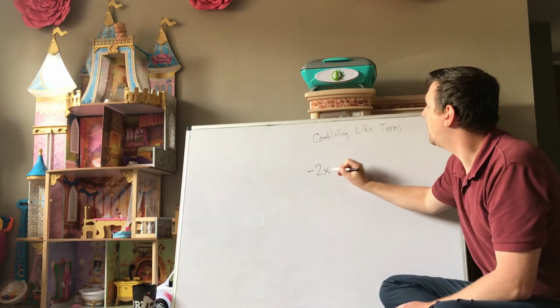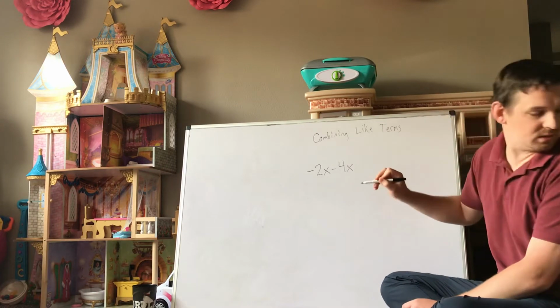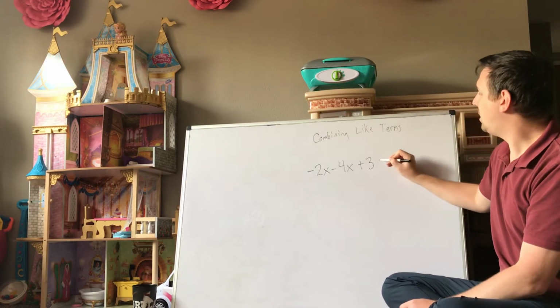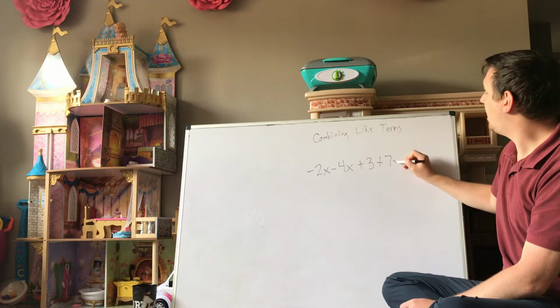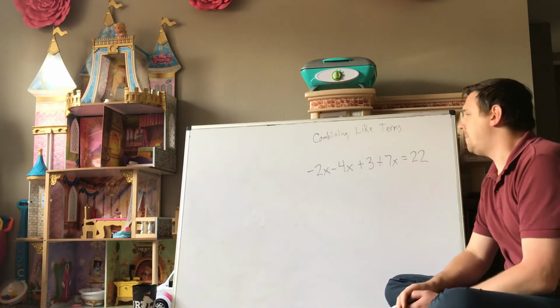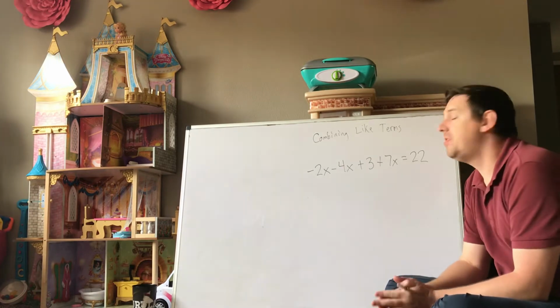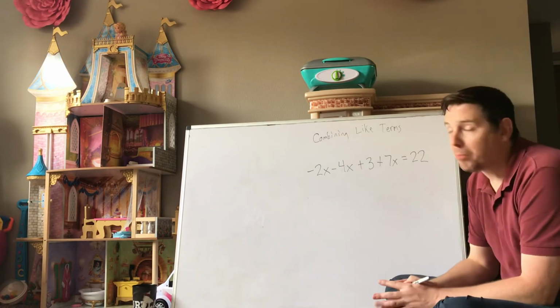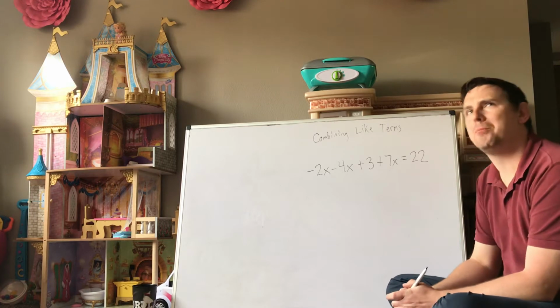Minus negative 2x minus 4x plus 3 plus 7x equals 22. Okay, what is different about this problem than the other problem we've done?